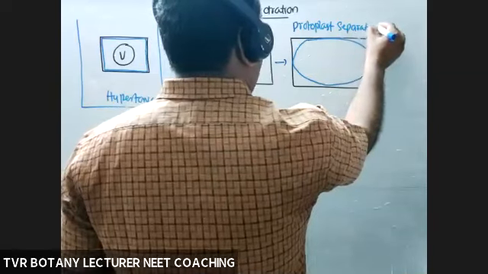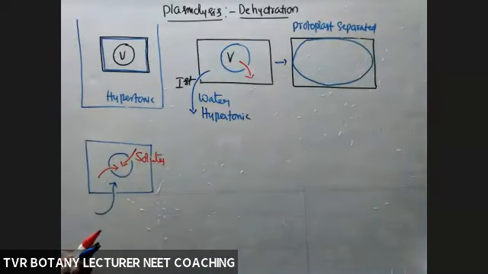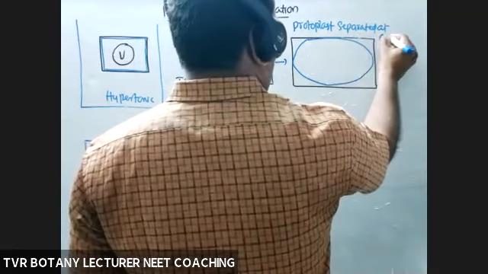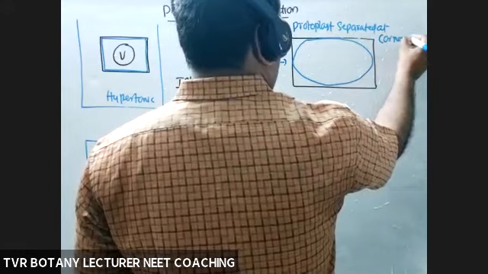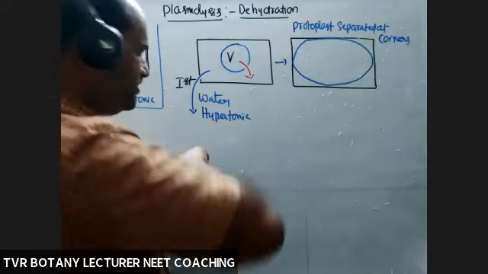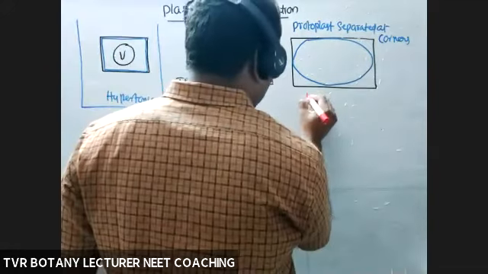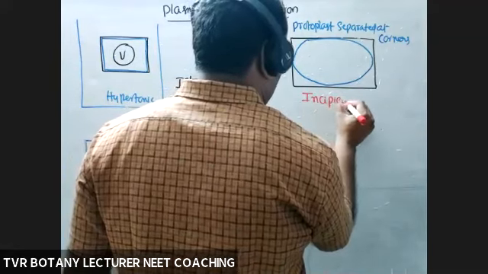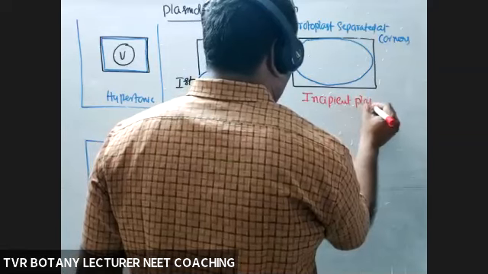The protoplast is separated at the corners only. This stage is called incipient plasmolysis.